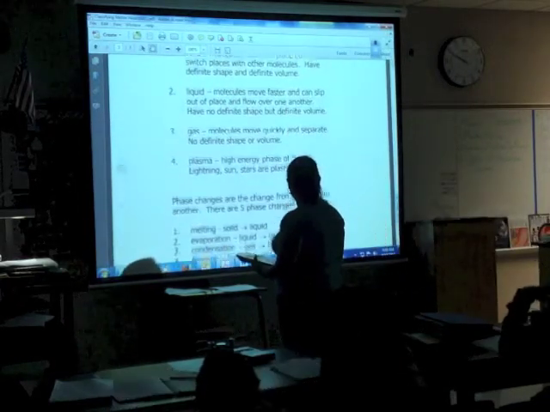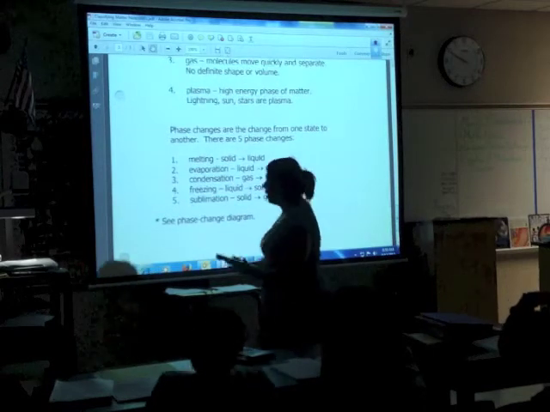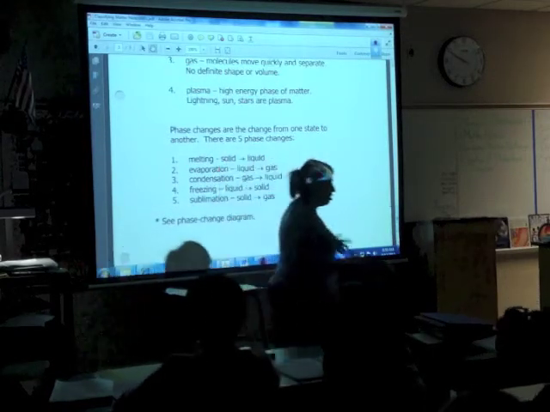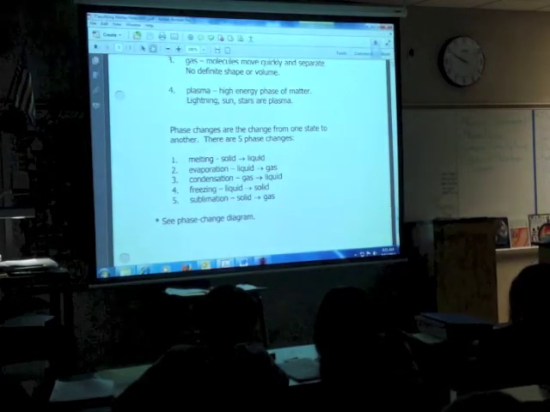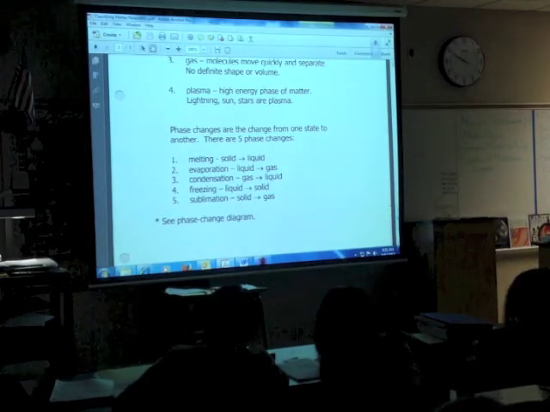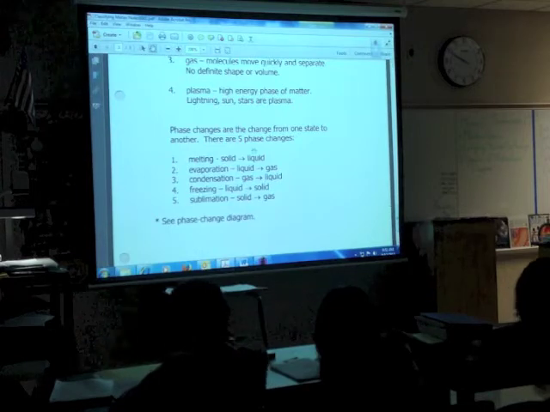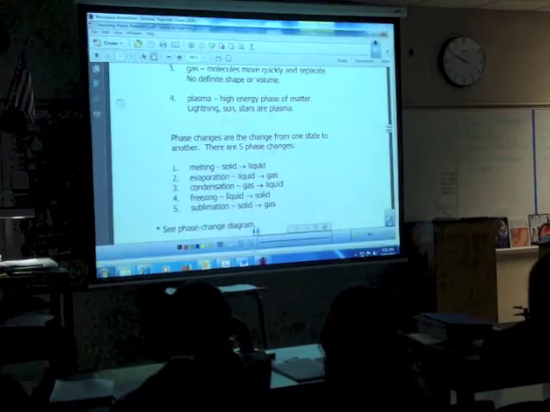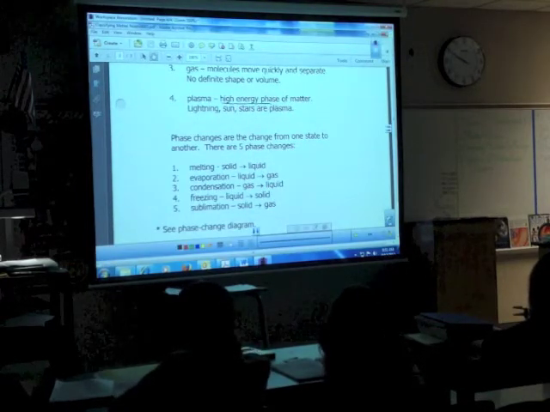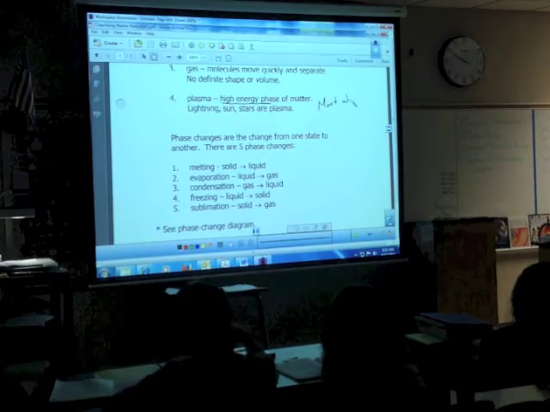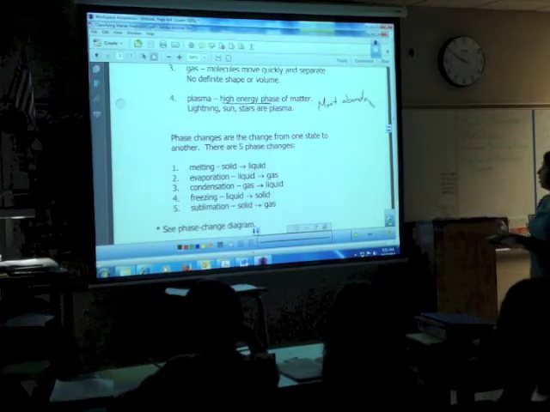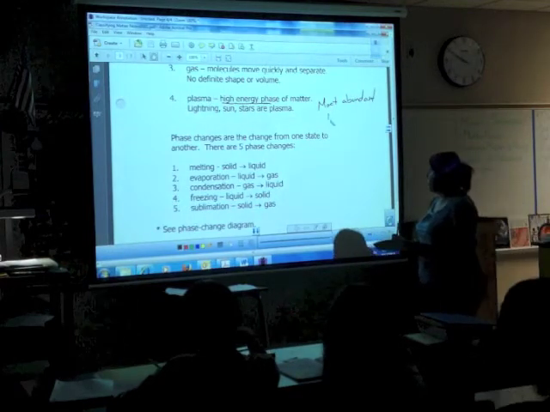Okay. So, now let's look at plasma, because that's the one that y'all really haven't talked about in other classes. Right? So, plasma is the highest energy state. Okay? Highest energy. And it is the most abundant in the universe.